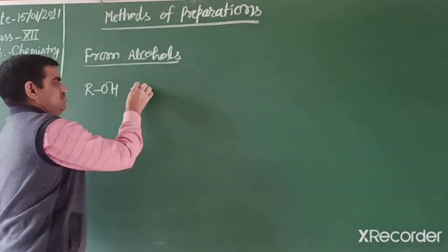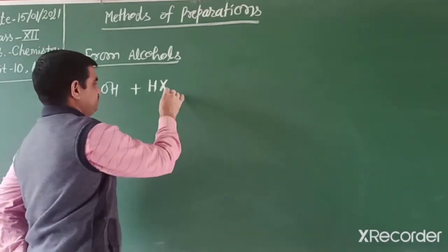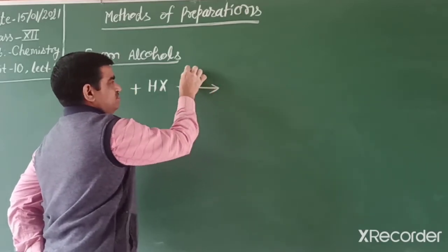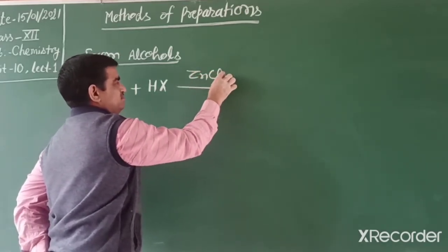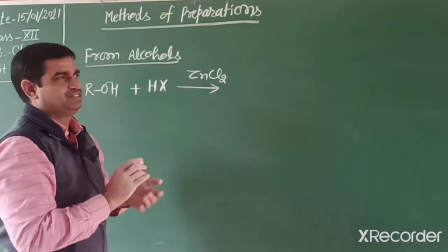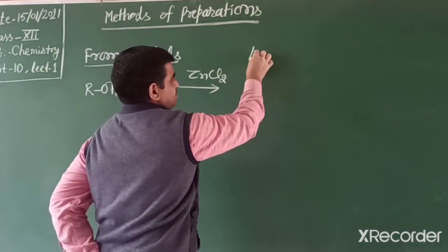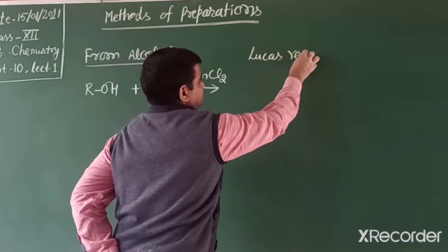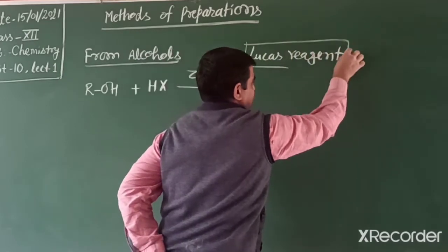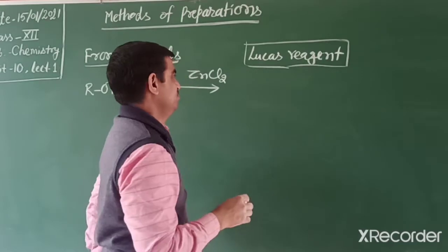First method: reaction with HX, a hydrogen acid, meaning HCl or HBr, in presence of zinc chloride. HX and zinc chloride is a special reagent known as Lucas reagent. We use this reagent to distinguish primary, secondary and tertiary alcohols.